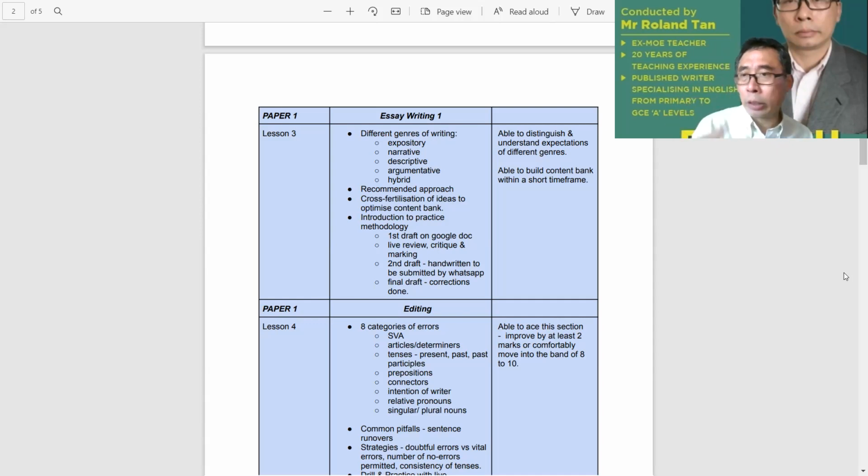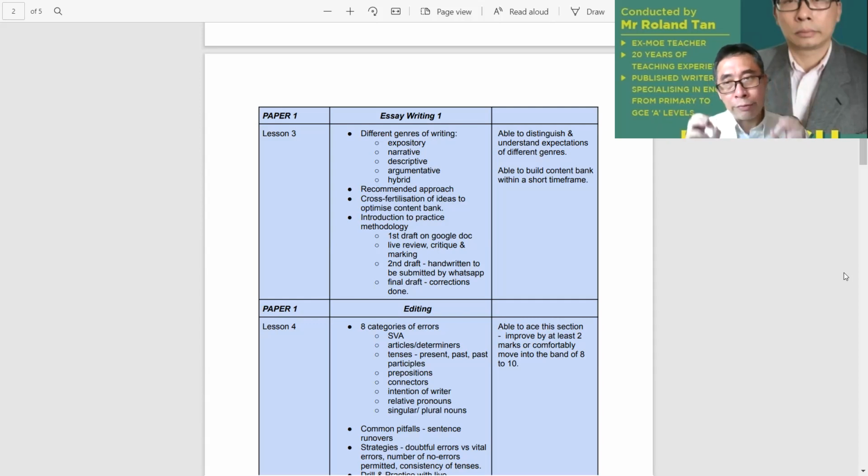I will do a critique and mark your work in a live situation so that you may understand and the other students may understand why a certain sentence needs to be corrected, why a certain phrase has to be reworked, why the introduction, conclusion may not be appropriate, why there's a lack of linkages between the paragraphs, and so on.